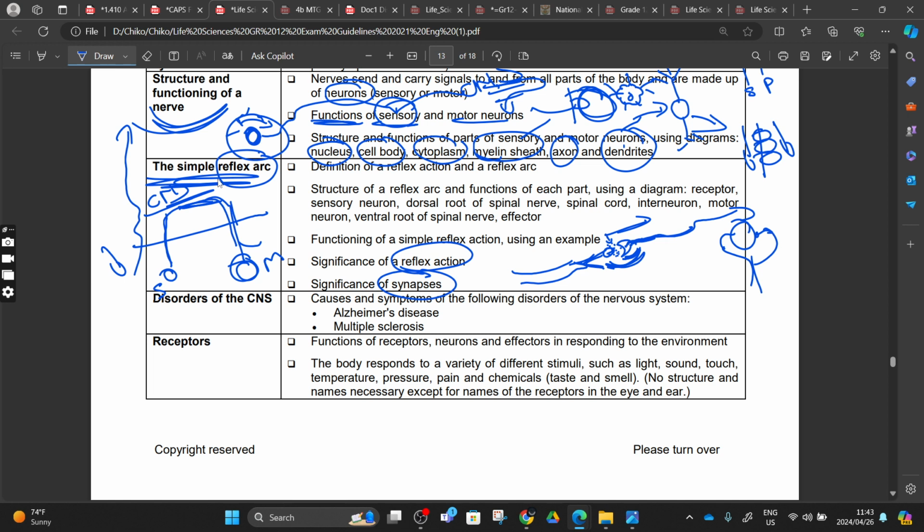And then the function of simple reflex action, using an example, we did this, and here we talked about the structure of a reflex arc, right? Using a diagram, we have the receptor, and then we are going to have a sensory neuron.